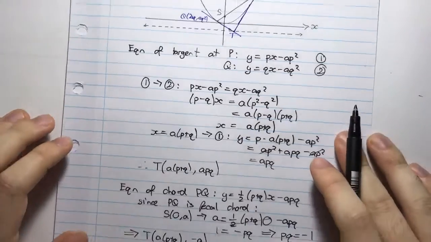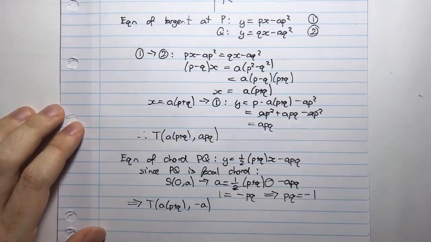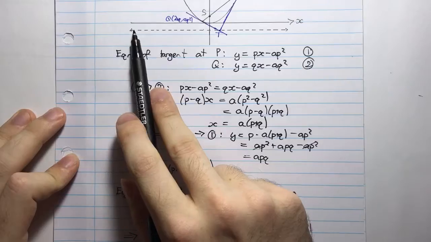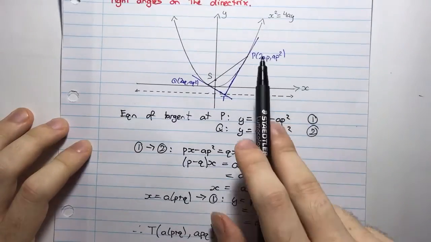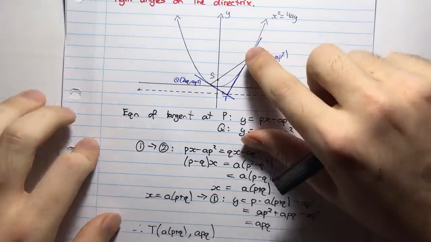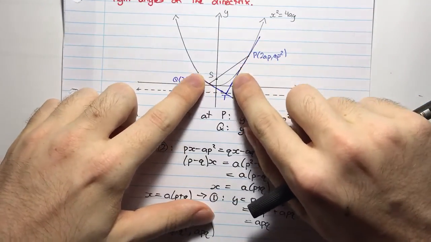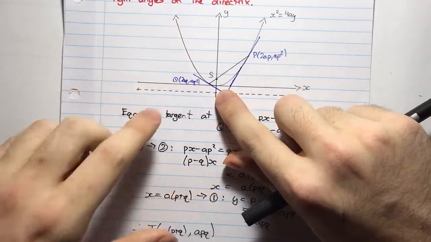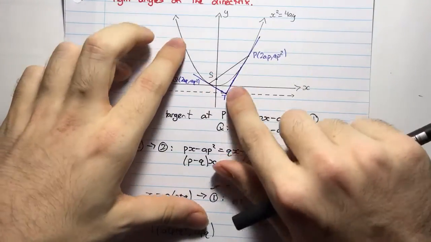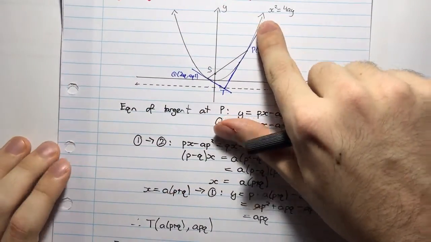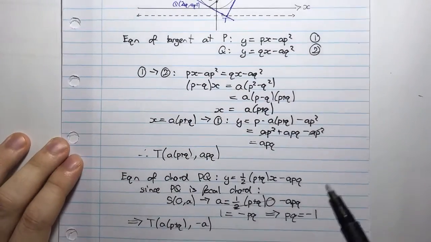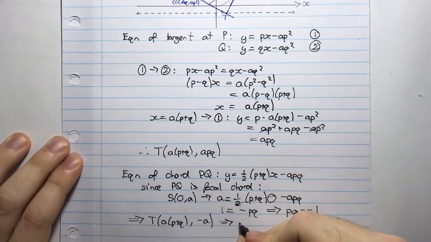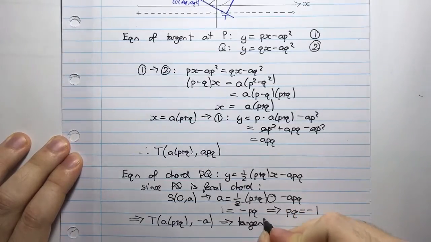And so that means that this point T will always be on the directrix, no matter which focal chord I take. I could shift this focal chord around, it wouldn't matter as long as it's passing through the focus, and the tangents will always intersect on the directrix. So this means that the tangents intersect on the directrix.